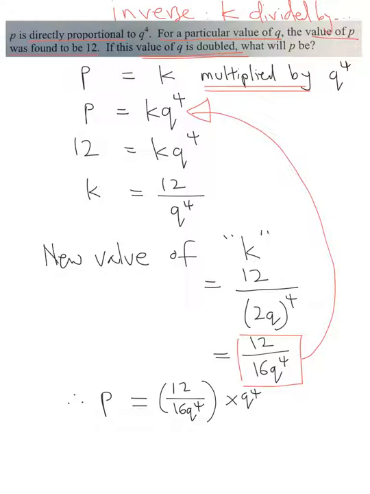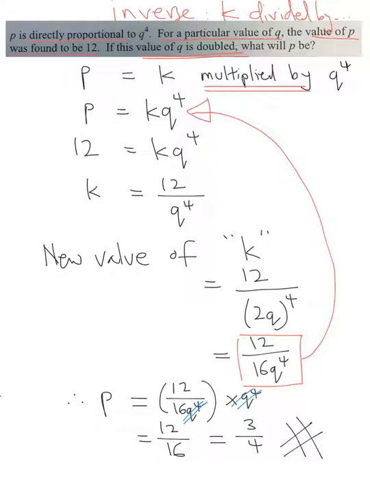What you can do here is to cancel off q to the power of 4, and you will get the new value of p to be 12 over 16. Simplified into simplest form, you will get 3 over 4. So the new value of p is 3 over 4.